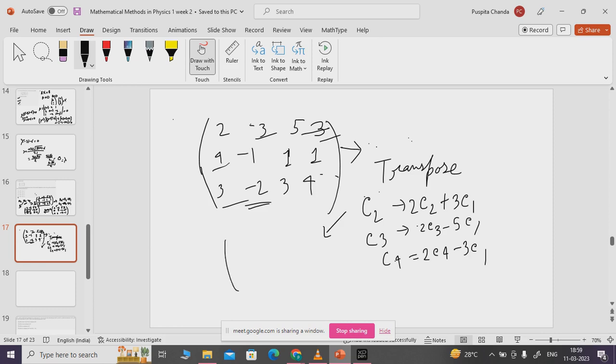So the columns will be 2 0 0 0, 4 10 minus 18 minus 10, then 3 5 minus 9 minus 1. Okay.